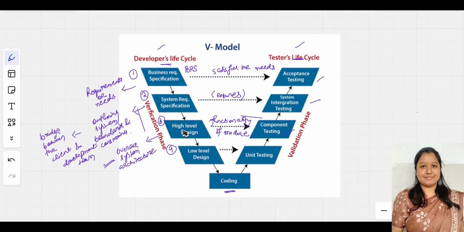So low level design talks about the most detailed design phase. Why the most detailed design phase? Each module will also have sub components, and sub components will also have some functionality, right? This is described in your low level design.